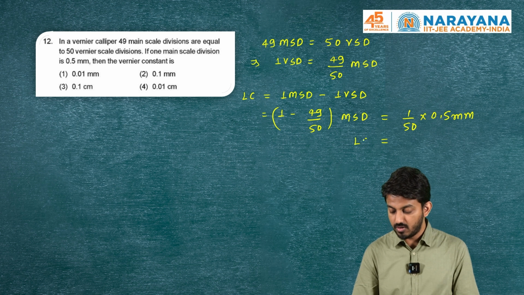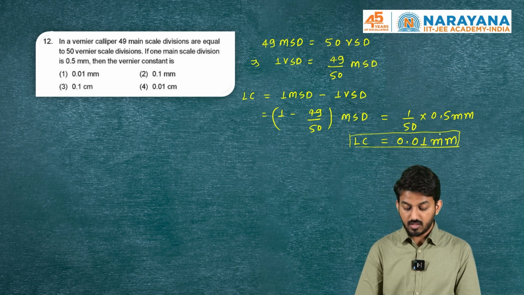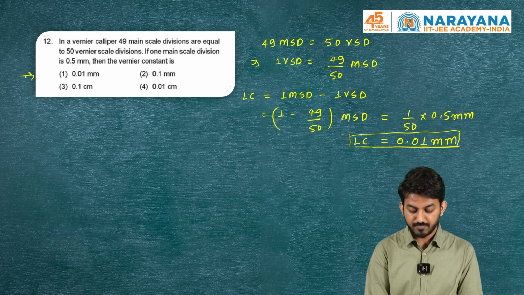So the least count is 0.01 mm, giving us the first option.